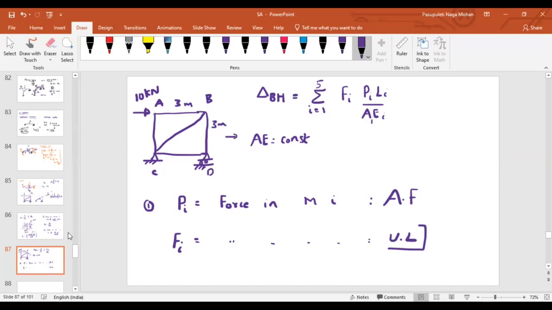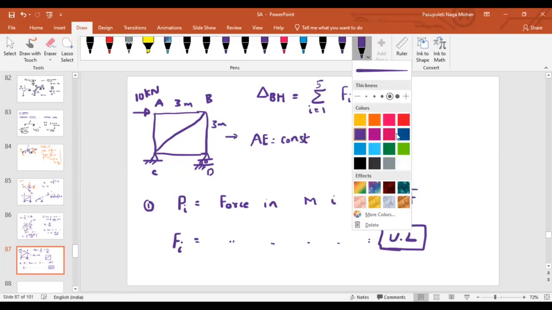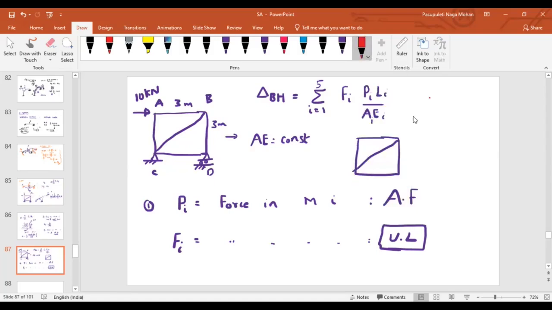Where do we have to apply the unit load? We have to apply the unit load at the point and along the direction where we want to find the deflection. So if I redraw the truss again, at joint B, as we have to find out the horizontal deflection, you have to apply a unit force along the horizontal direction.